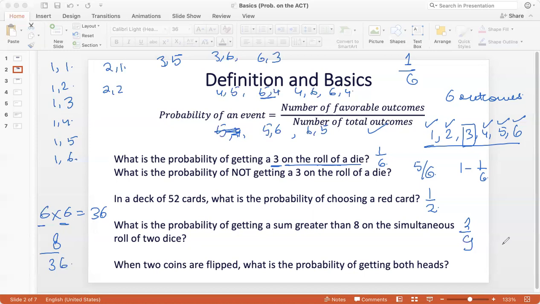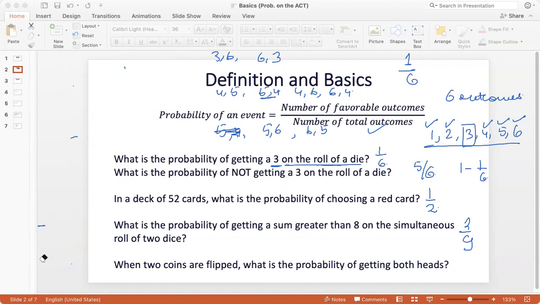When two coins are flipped, what is the probability of getting both heads? Let me just clear this. So again, how do I get the sample space?